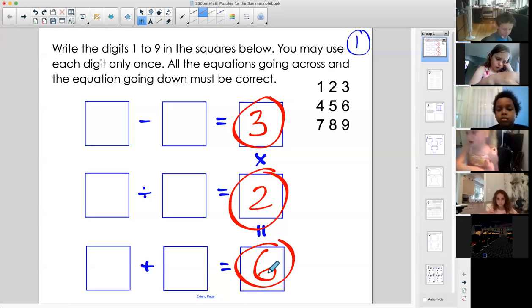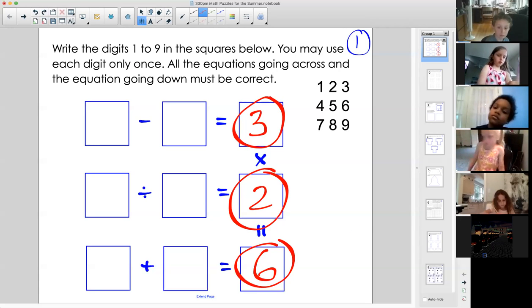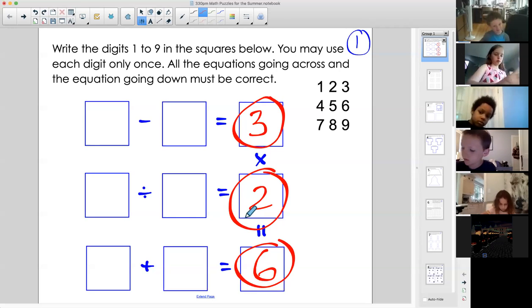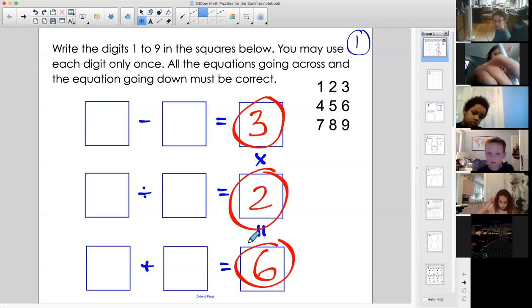Do you guys love it? Now, if you write it in, don't write it so hard because we may have to erase it, okay? Allie, you raised your hand, honey. Do you have an idea? Times 4 equals 8. Oh, you like 2 times 4 equals 8?